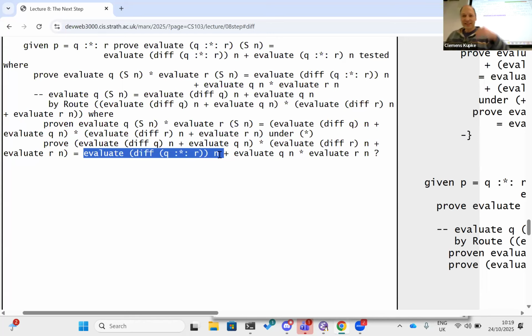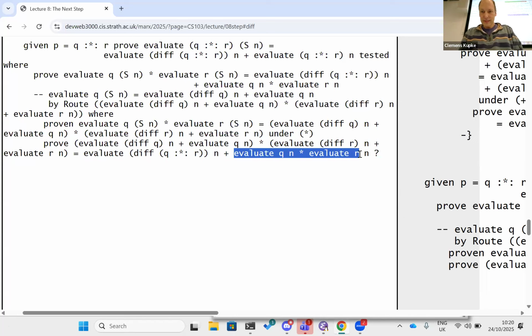But it's not too bad, because you can see stuff you do know about: the evaluate Qn times evaluate Rn on the right-hand side. You need to figure out how to put that on the left-hand side, and whatever's left over, that's your definition.